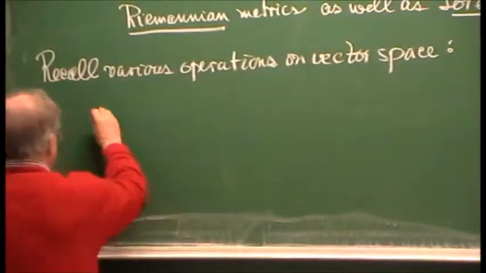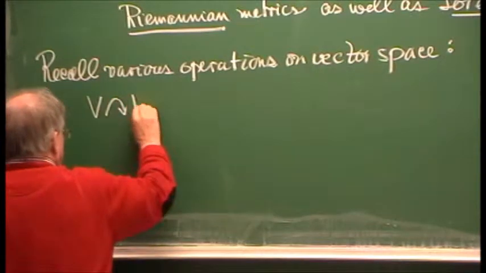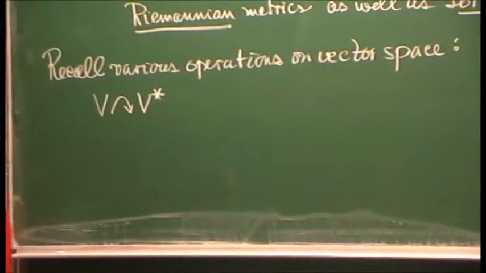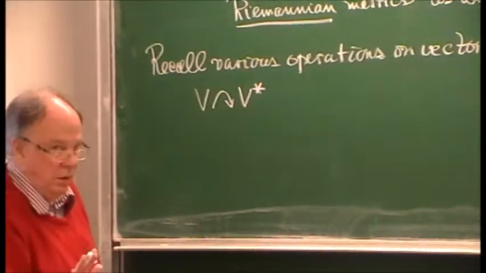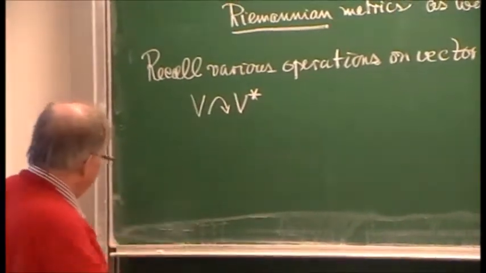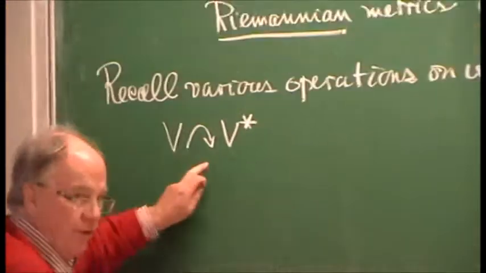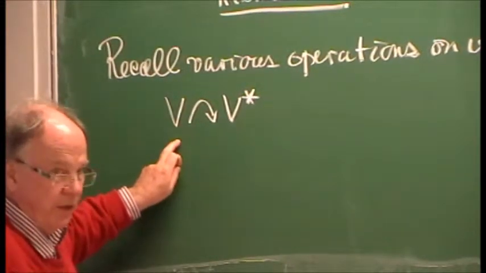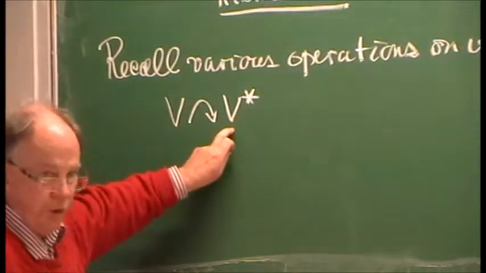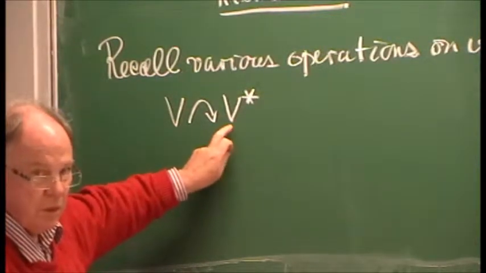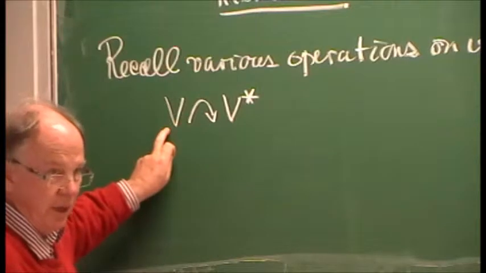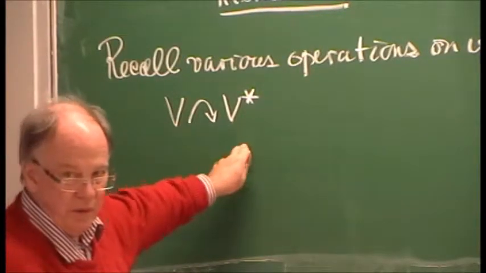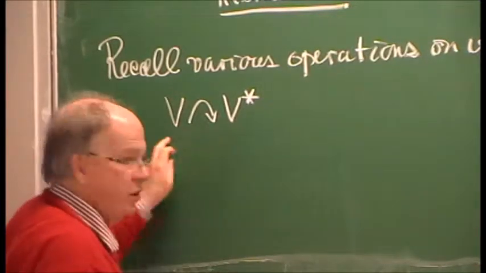One thing you can do is go to the dual space. All of our vector spaces at this stage are finite dimensional, so there are no delicate points. If your vector space is infinite dimensional, it's not so clear what is the good dual space. I just warn you. In infinite dimensional context, it is not so clear what you should really take as the dual space. It is usually some question of topology.